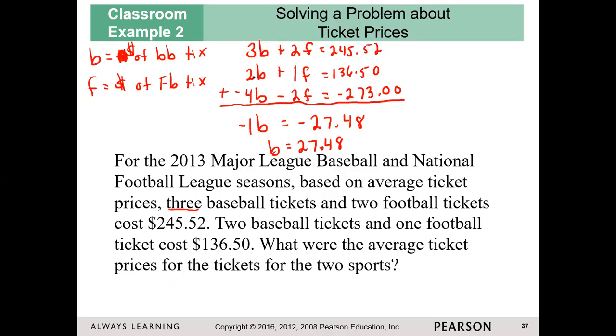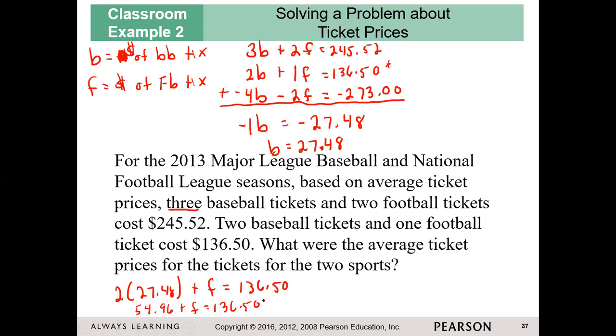So let's go ahead and substitute that into one of these equations. Maybe I'll pick this guy right here. It just seems easier for us. So we have 2 times 27.48 plus F is equal to $136.50. We multiply by 2, we get 54.96 plus F is equal to 136.50.